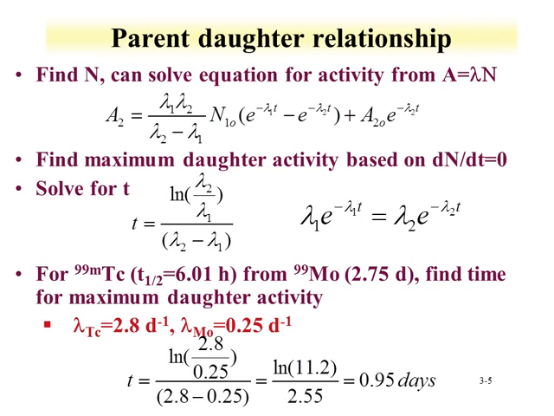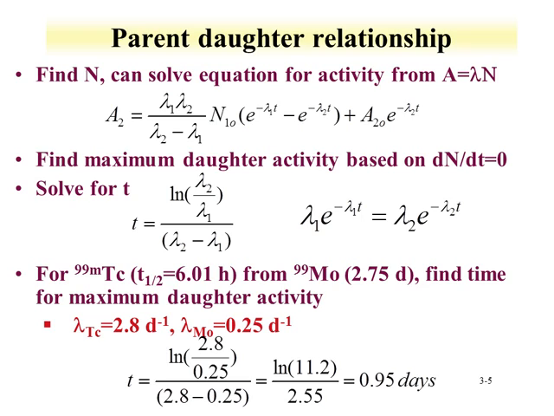We can apply this as an example. Imagine that we have a radioisotope generator where we're making technetium-99m. This decays from a molybdenum-99 parent that has a half-life of 2.7 days. The technetium daughter has a half-life of 6 hours. Find the time that's needed so that we have a maximum daughter activity.